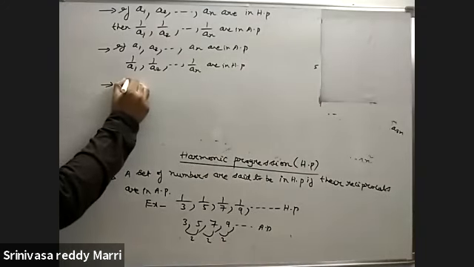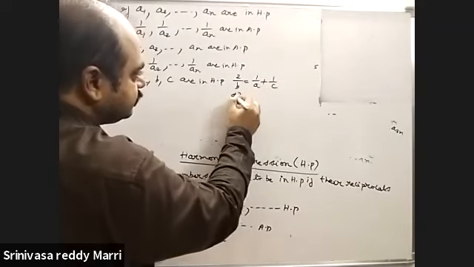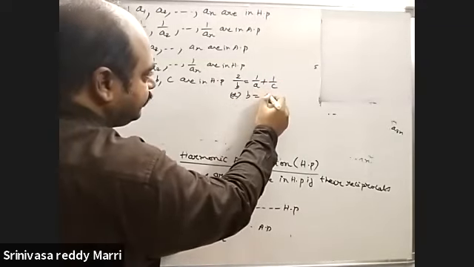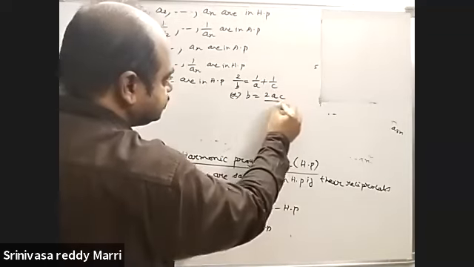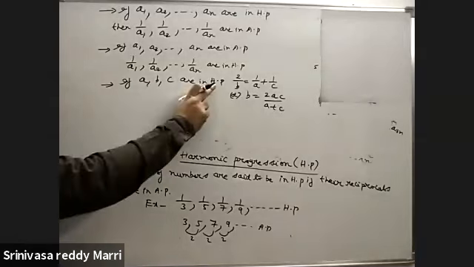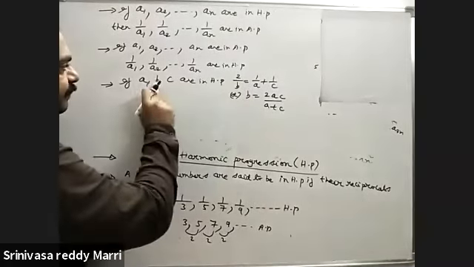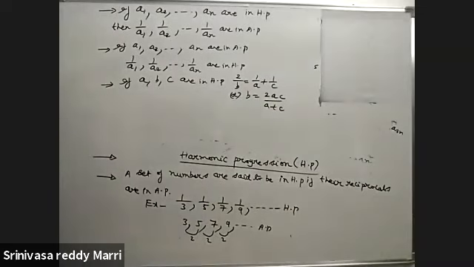If A, B, C are in HP, the formula is 2/B equals 1/A plus 1/C, or B equals 2AC divided by A plus C. Whenever numbers are in harmonic progression, 2/B equal to 1/A plus 1/C is the condition.